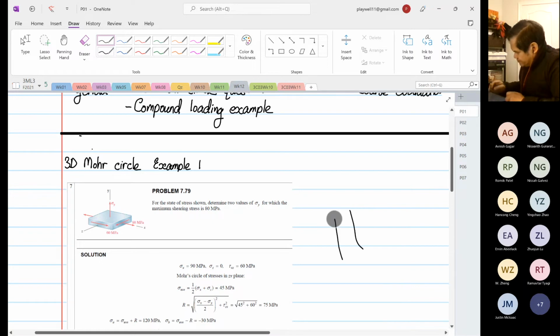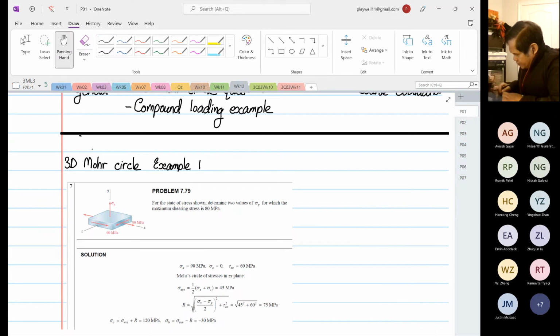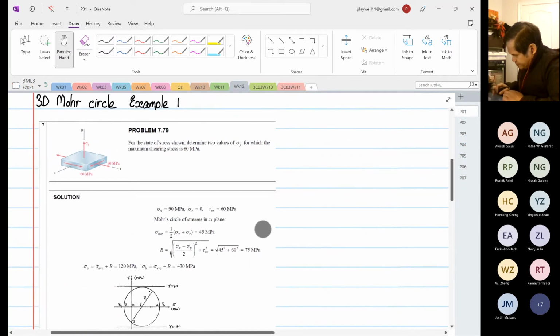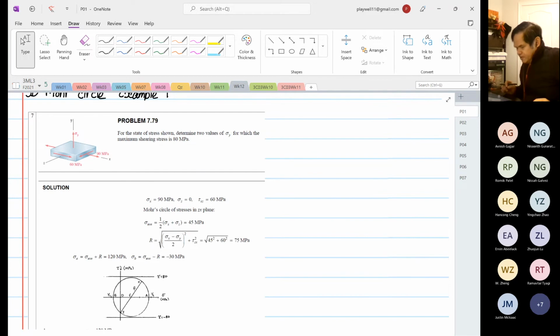So this element is a 3D Mohr's circle element because you have stress X, Y, and Z, and you have a shear in the XZ direction.